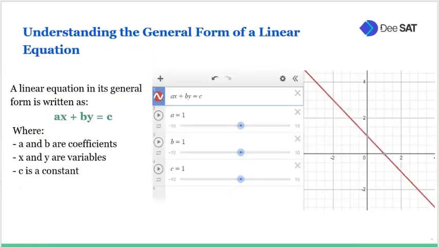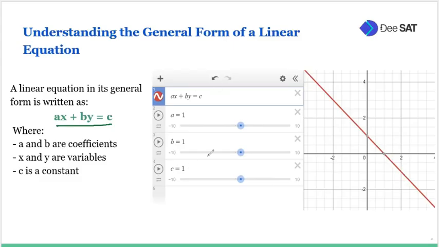Moving ahead towards the general form of a linear equation. Till now, we understood the slope-intercept form, which is y is equivalent to mx plus c, where m is the slope and c is the y-intercept. But now we need to understand the general form, which is of the form ax plus by is equivalent to c, right?